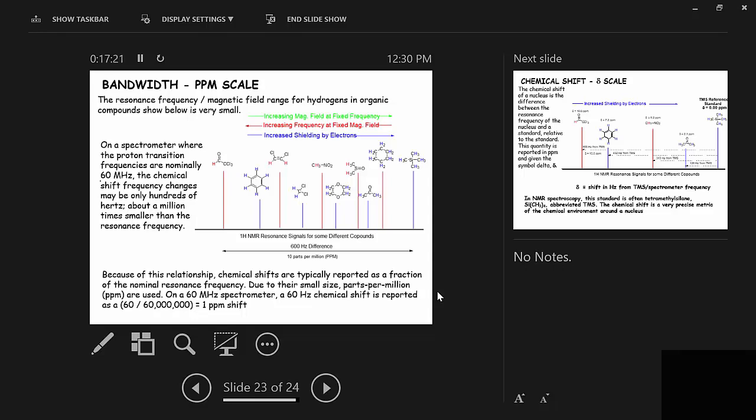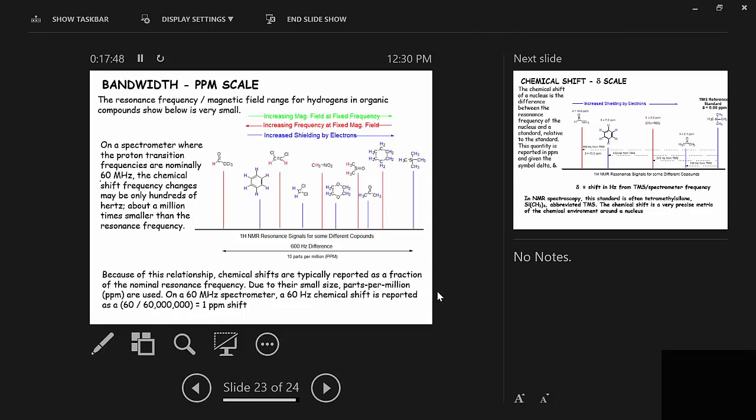TMS is usually where we set the 0, because this is about as shielded as you're going to get. It's fairly nonpolar. And so we call this 0, the most upfield. And so everything else will be positive going this way. It's kind of weird. And then going this way, everything will be negative. So there are things that are even more shielded than TMS, but TMS is about the most shielded that we're going to deal with. And so we set our spectrometer to 0, so we calibrate this here.